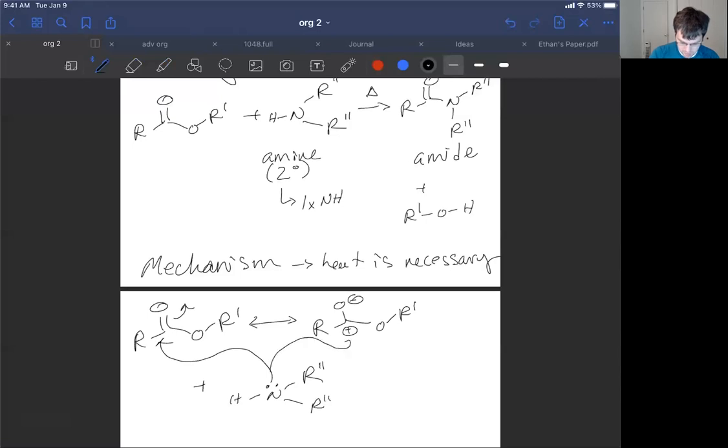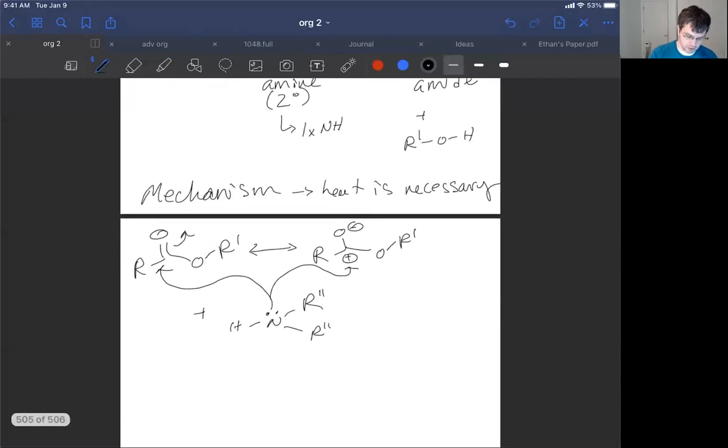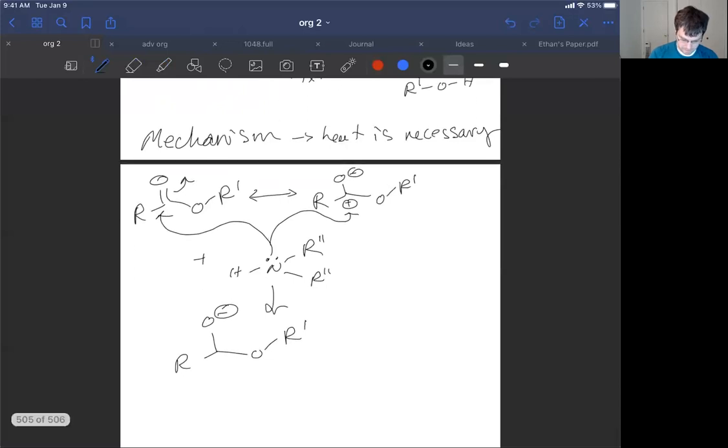We could use either of these two depictions to show that addition, just so long as we recognize that the product from each of these resonance structures is the same. Okay, so we're actually neutral still because everything started neutral.